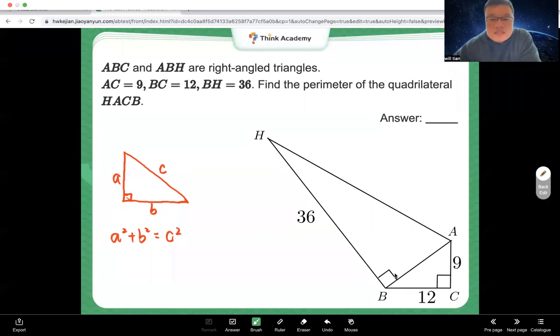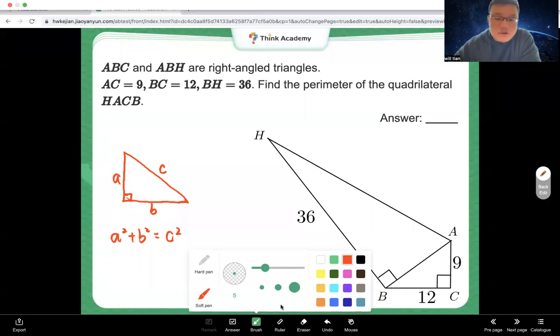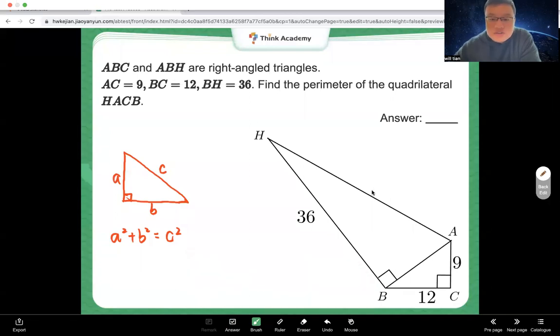Let's try to solve the question. It tells you that AC equals 9, BC equals 12, and BH is 36. What is the perimeter of this quadrilateral? If you want to get the perimeter of this quadrilateral, you have to know the length of HA. But if you want to get HA, guys, you have to figure out what AB is first, right? Because HAB is a right angle triangle.